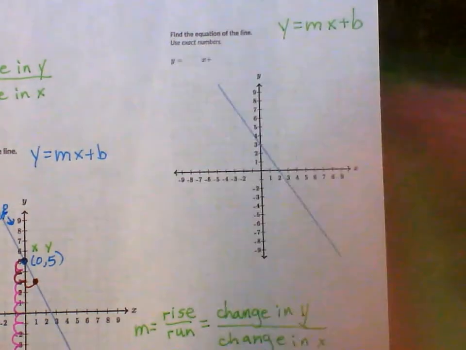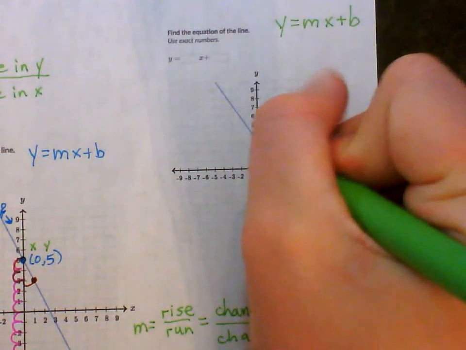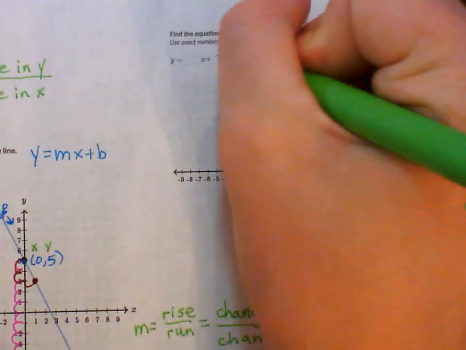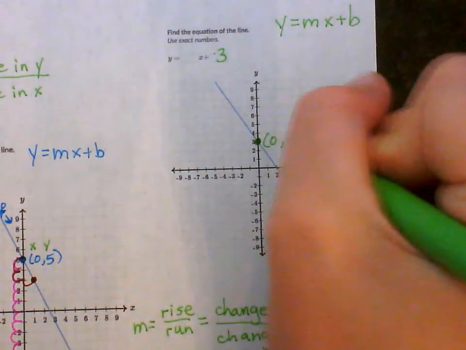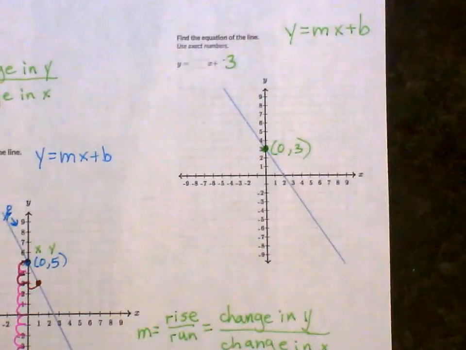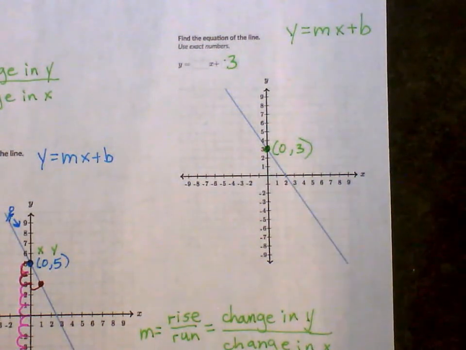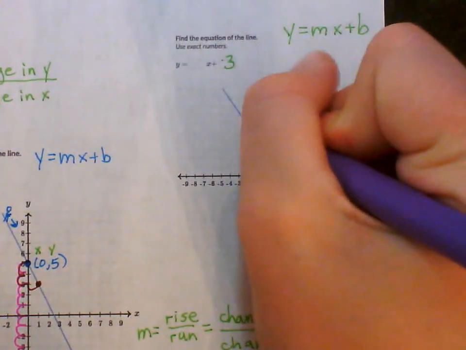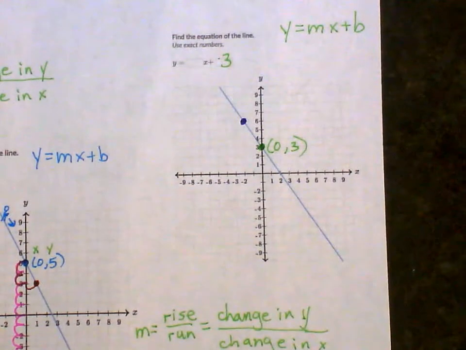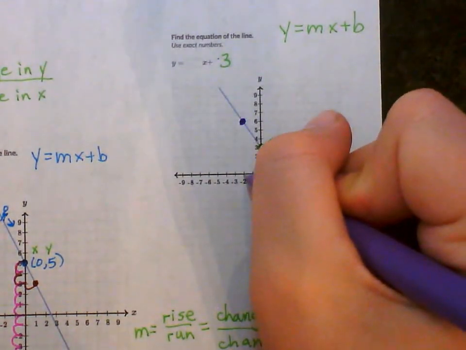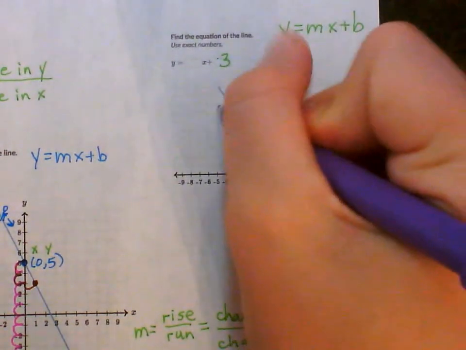Where does the line go through the y-axis? Right here at 3, because that's (0, 3). Okay, now you pick any other point on the line that's going through a grid. My eyes immediately saw this one at, what is that? Negative 2, 6.